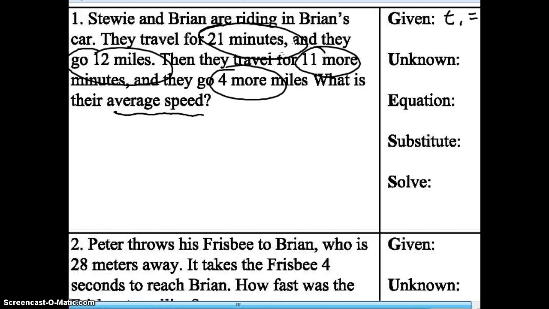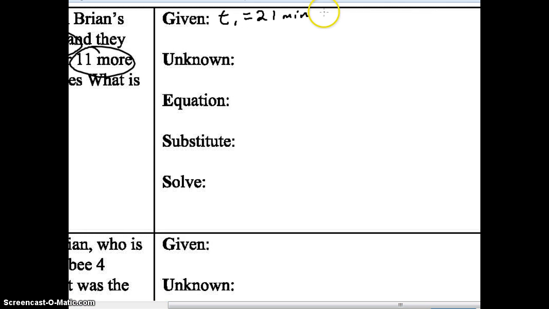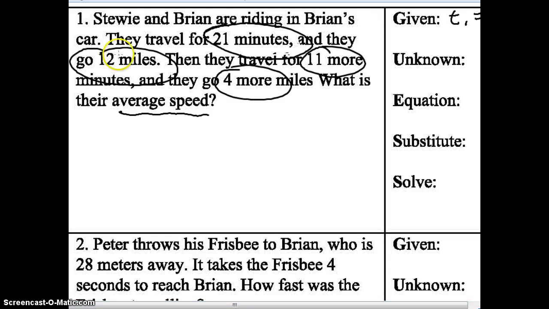The next thing I'm given after 21 minutes is that they went 12 miles during this time. So 12 miles is a distance. I'm going to put distance equals 12 miles. That's not all the information I have. I see they travel again for 11 more minutes, and they go 4 more miles.